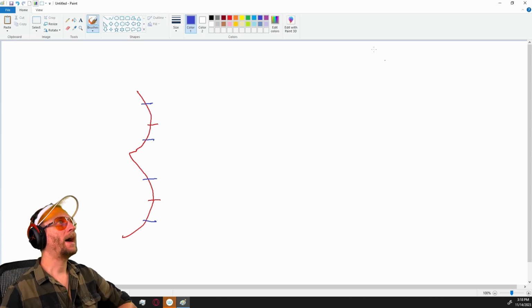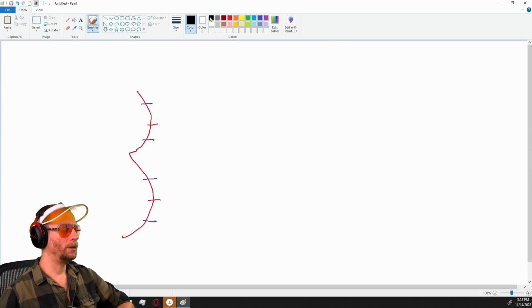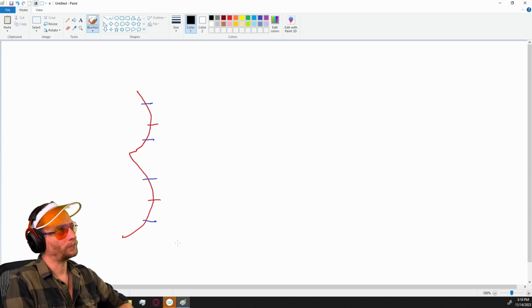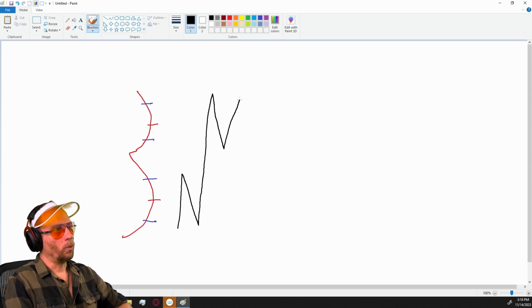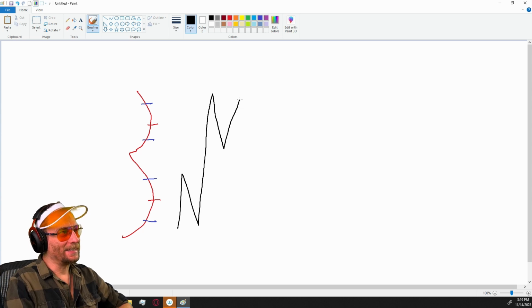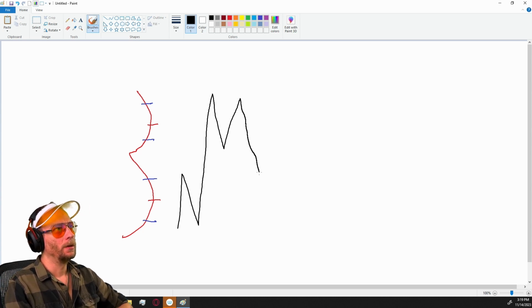So what's going to happen is your price action is going to be doing whatever it's doing. And in this specific circumstance, it's doing something like this. So when it plays pocket pool, it's going to come down here and it can get really, really sloppy.